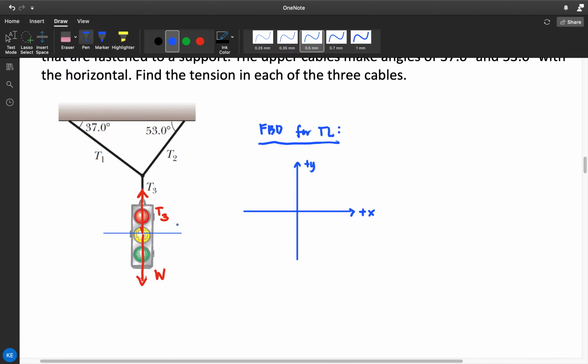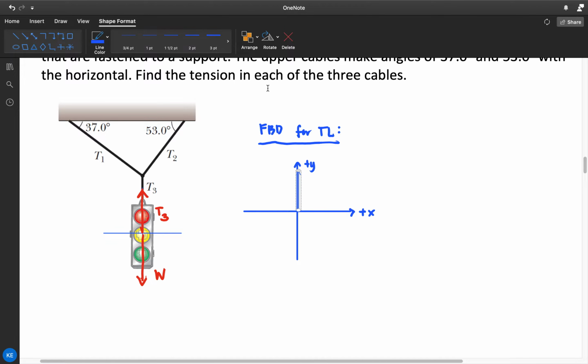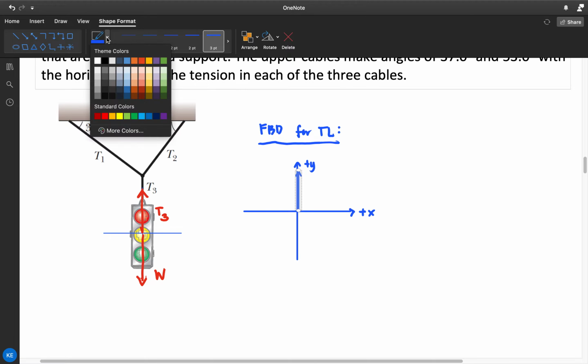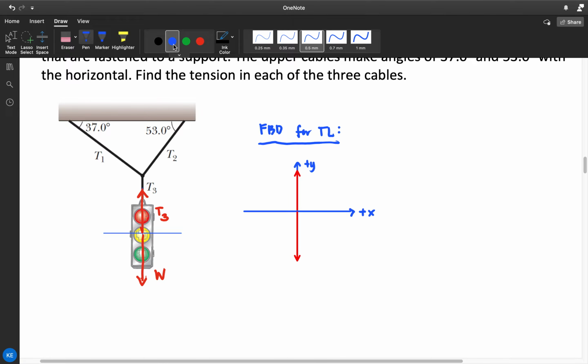So tension T3 moves towards the positive y-axis. Label that one as red. And then the weight is simply downward. So here, this is your T3, and then your weight.